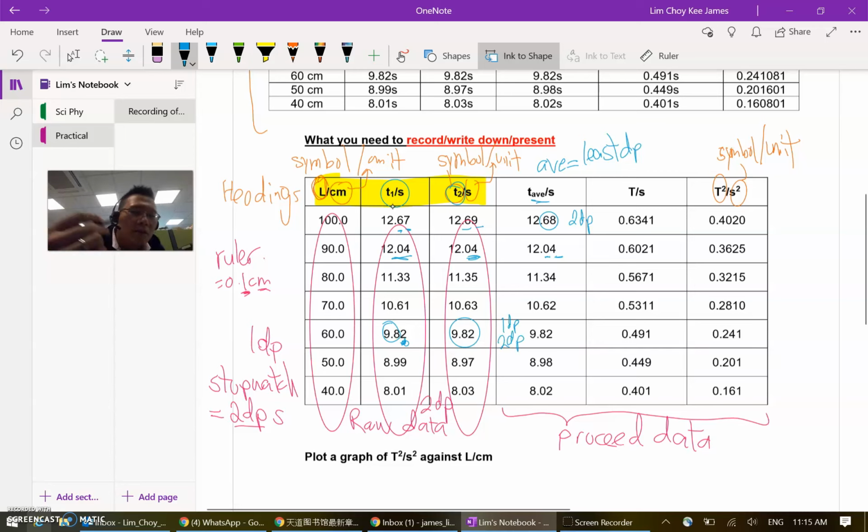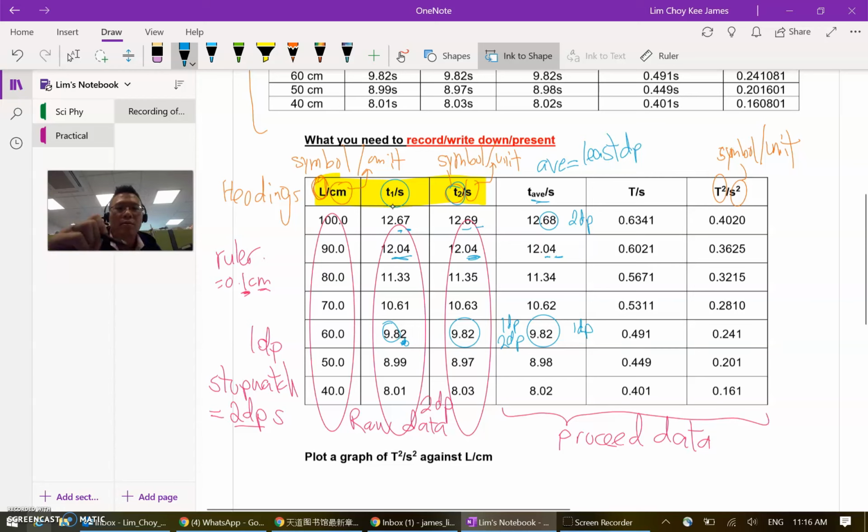T1 is 1 dp, T2 is 2 dp. My T average will be recorded according to the least dp of the data used. 1 dp versus 2 dp, the smallest is 1 dp, so my T average will be recorded in 1 dp.